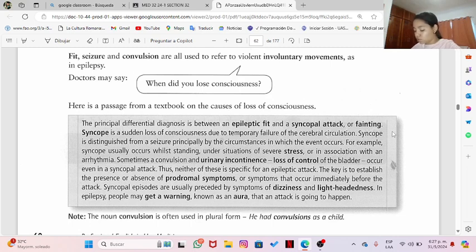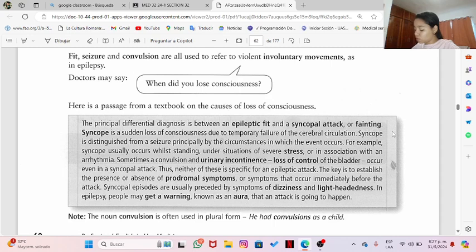Sometimes a convulsion and urinary incontinence, loss of control of the bladder, occur even in syncopal attack. Thus, neither of these is specific for an epileptic attack.